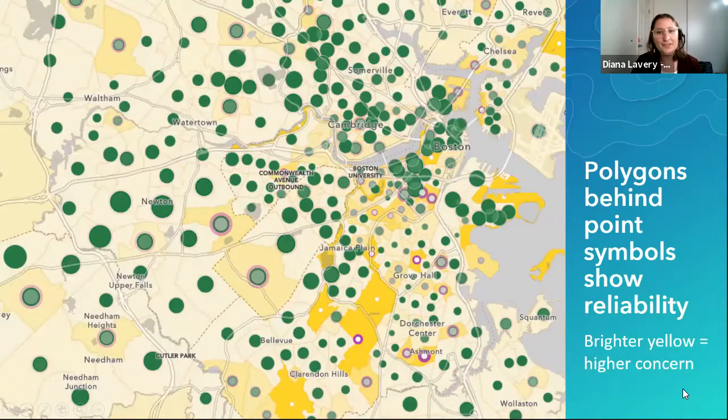And then finally, putting it all together with the donut effect, with transparency, and then also polygons behind the points. Here, we have got a really strong green color for median income and a more subtle color for the polygons, in this case, yellow, where we can use brighter yellow to denote higher concern with reliability.